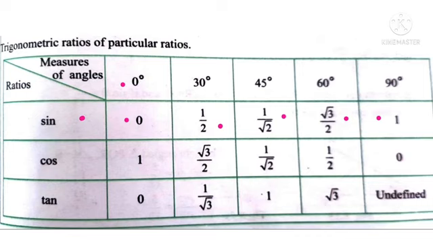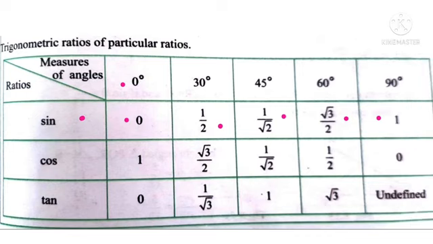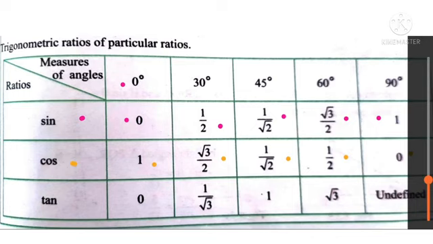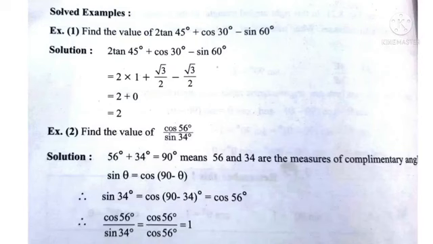Then cos 0 is 1, cos 30 is root 3 upon 2, cos 45 is 1 upon root 2, cos 60 is 1 upon 2, and cos 90 is 0. And lastly tan 0 is 0, tan 30 is 1 upon root 3, tan 45 is 1, tan 60 is root 3, and tan 90 we do not define. If you know this table, then you can solve the examples on it.